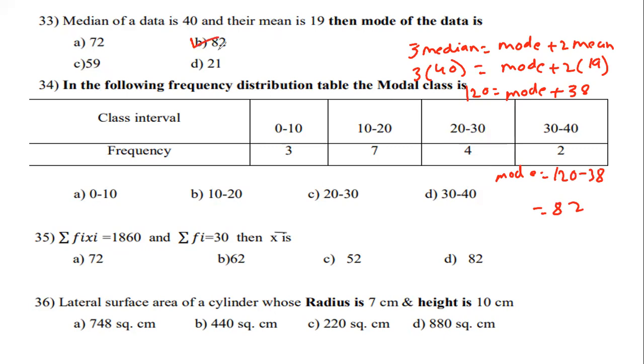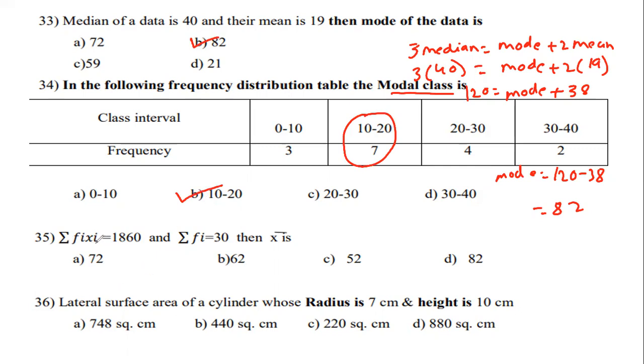Next sum. In the following frequency distribution table, the modal class is dash. Modal class has the highest frequency, 7. Which option is right? Option B is correct.